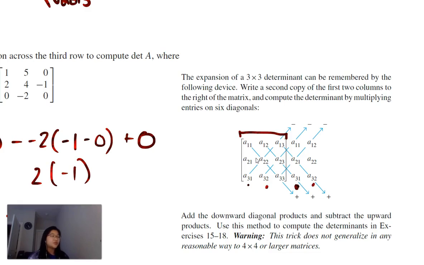And then since what you're doing is multiplying and subtracting, what you can do is just multiply the product of this diagonal plus the product of this diagonal plus the product of this diagonal, and then subtract out the product of this diagonal minus this diagonal minus this diagonal. So you're effectively doing all of the same operations. It's just regrouped. And so this might be another way that you might want to do it.